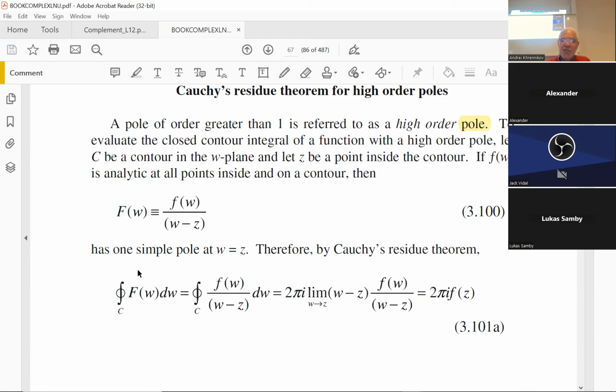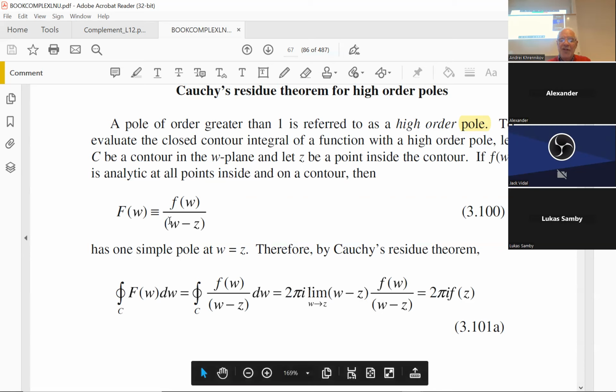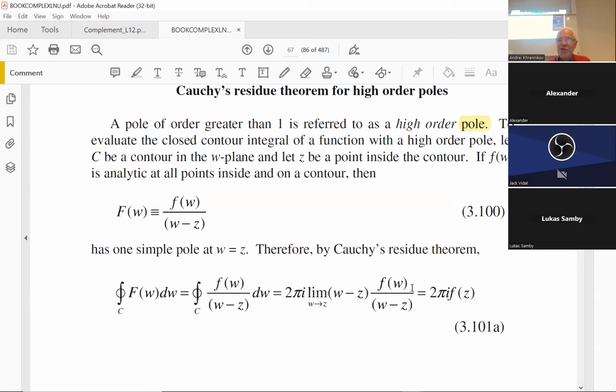We apply the Cauchy residue theorem. So we write this integral. How do we get the residue? We should multiply this function by w minus z and take the limit. So this is the answer. So we got such a formula.